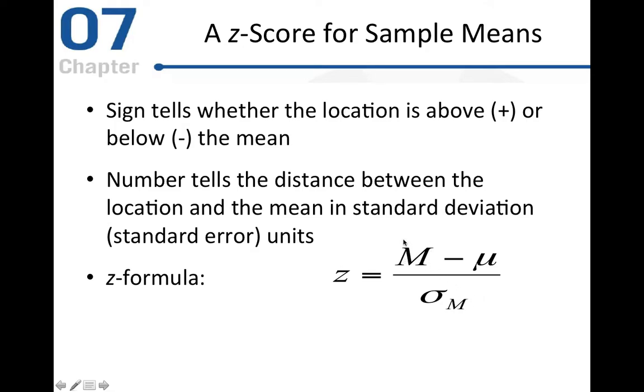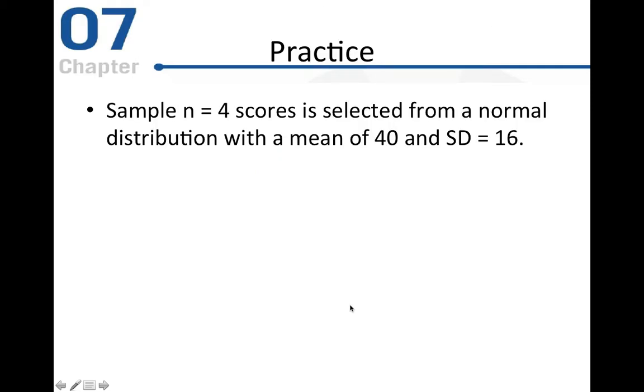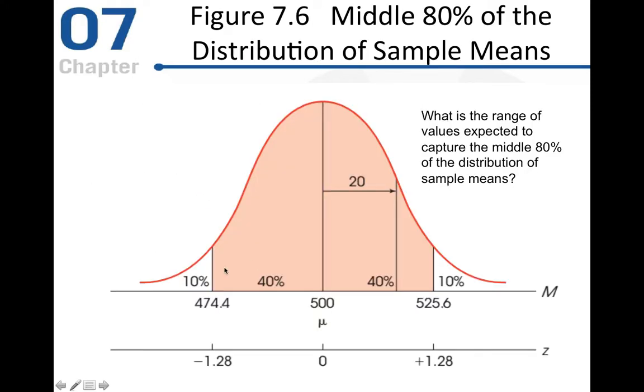Instead of having an M here, you had an X. Instead of having standard error, you just had standard deviation. But you use the same logic to solve for it. And that is exactly what you would do here. And when you do that, you would find that the range of expected values for sample means would fall between 474.4 and 525.6. Values between that would capture 80% of the distribution.